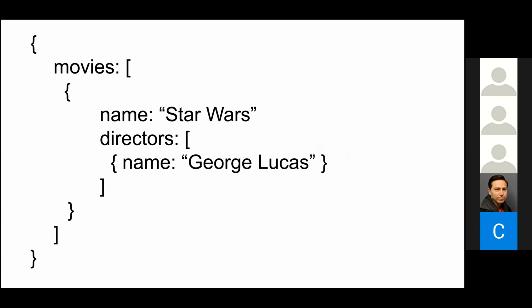For example, maybe you're creating an application that shows a bunch of movies. If you have an API, you could basically design out the data that you would want, right? So you could say, I want a list of movies. For each movie, I want the name of the movie, and I want a list of the directors. So in this case, George Lucas.